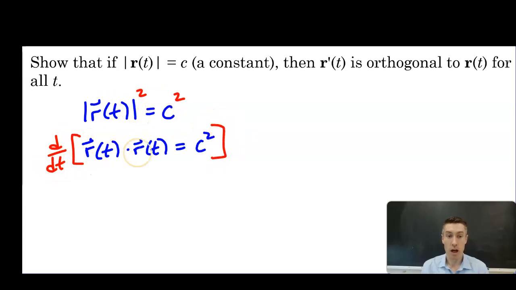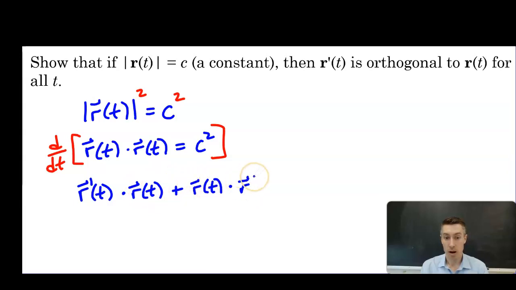Right, so this was just relying on a property from the dot product. Now we can differentiate. We'll use the product rule on the left side. So r prime of t dotted with r of t, plus r of t dotted with r prime of t. And then the derivative of c squared is just going to be 0. It's a constant. Derivative of a constant with respect to t is going to be 0.